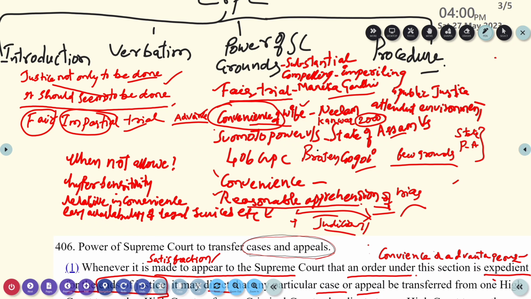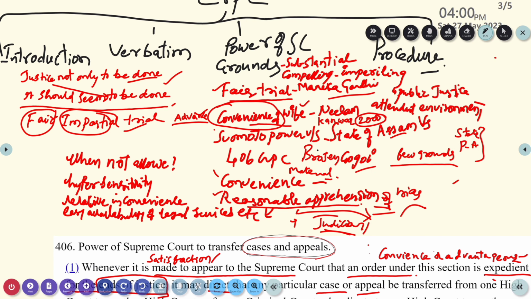Suppose we want to transfer a petition from one court to another court on the ground that the judge has some bias, or even some relation of the judges in that court. We may get such a reasonable apprehension. But unless we have some material to show a reasonable apprehension of bias of the judiciary, we can't seek transfer of the petition.